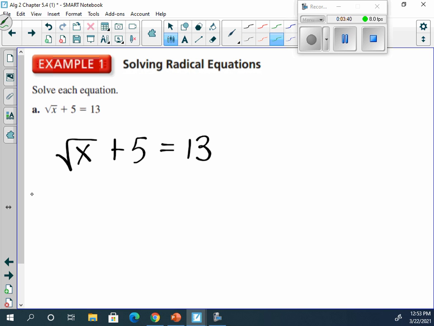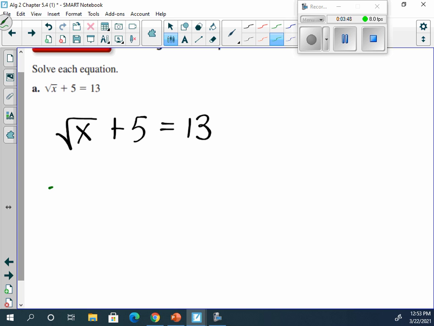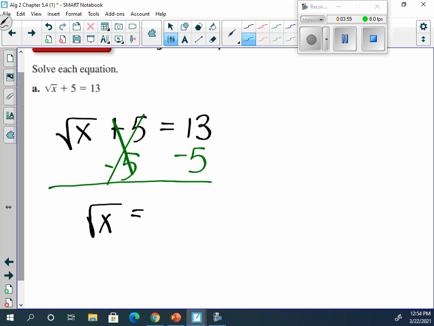So what can we do to get the square root of x by itself? We can subtract 5 from both sides, yes. 5 minus 5 will simplify, leaving us with just the square root of x equals 13 minus 5, which is 8.